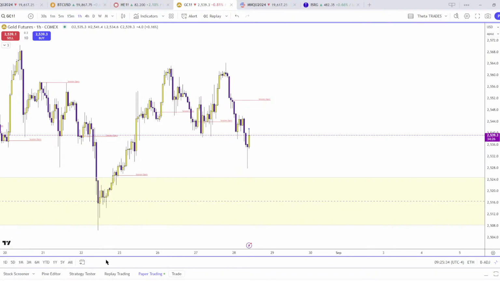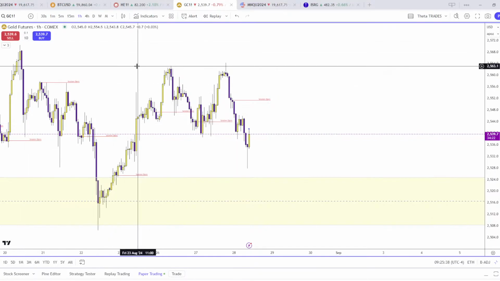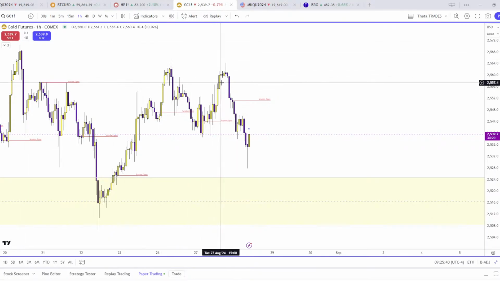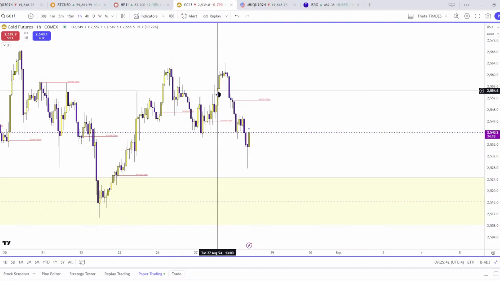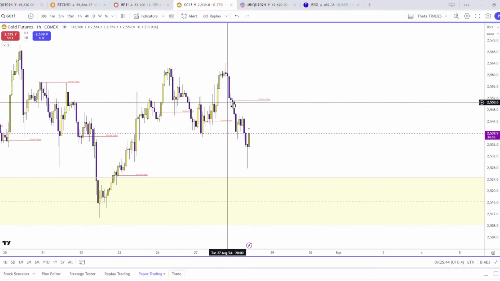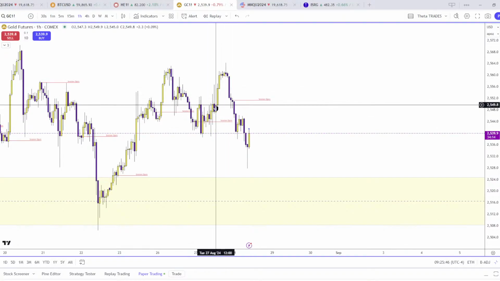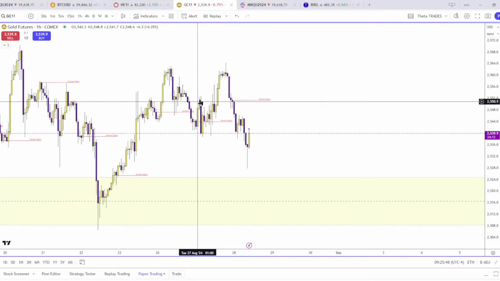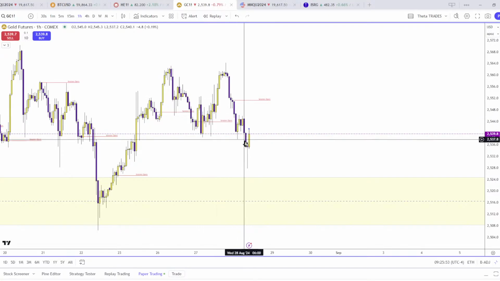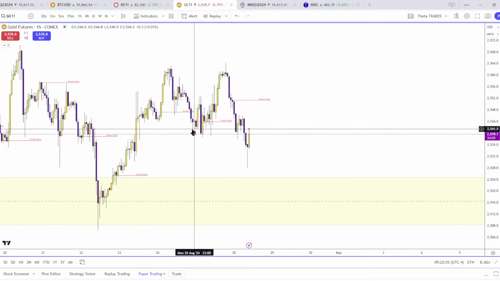Gold. High taken. Don't get the first one, wait for the second one. Don't get the second one. Wait for this big order block here to get taken. Finally trades through it here. We're back into it now.